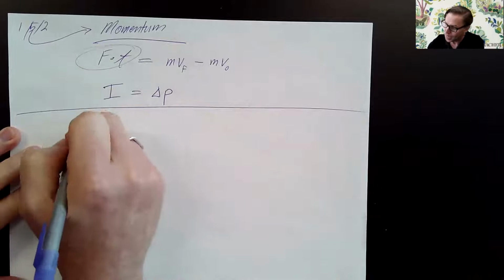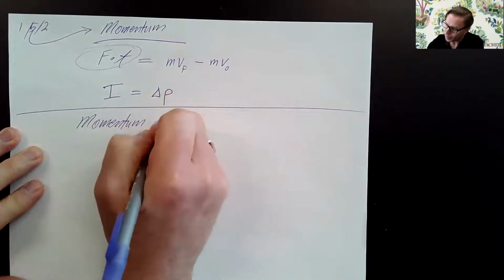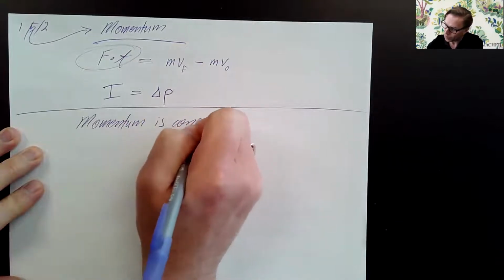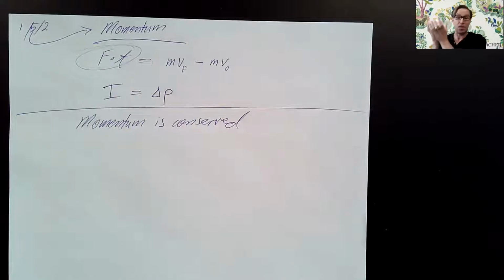Now, what we are going to say is that momentum is conserved. So an object can be at rest, and then later on that object could be moving. So the momentum was not conserved for this one object. But the idea is that if an object is not moving and then all of a sudden it is moving, if it gained momentum, it must have been at the expense of some other object that lost momentum.